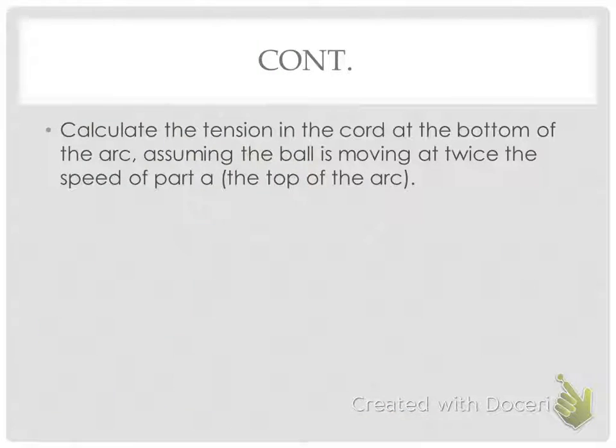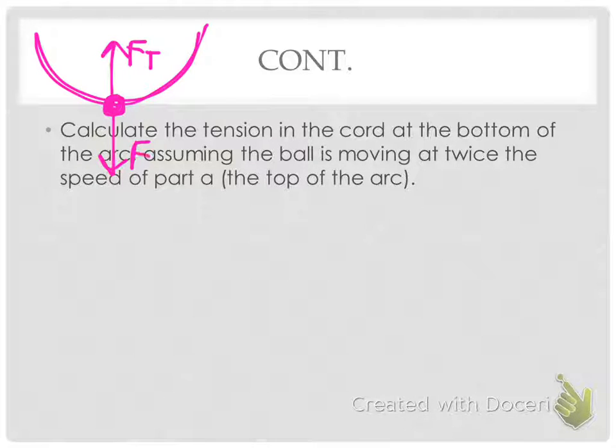This time we're looking at the bottom of our arc, of our circular path. So here's the bottom of it, and here's our object this time. Are tension and gravity going to be pointing in the same direction here or opposite directions? Opposite directions, good. Tension still goes toward the center of the circle, and gravity still always points down.